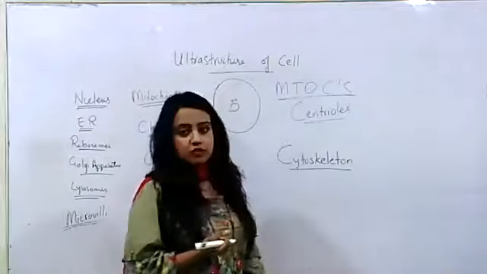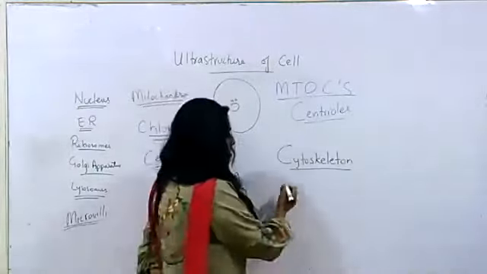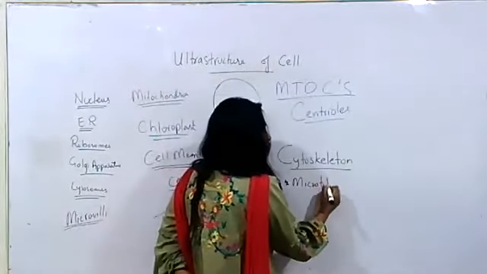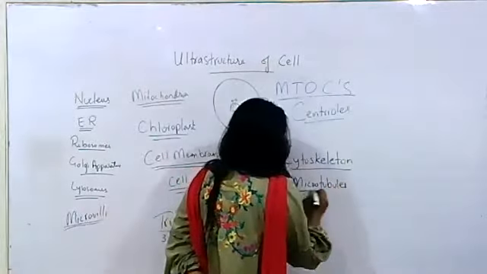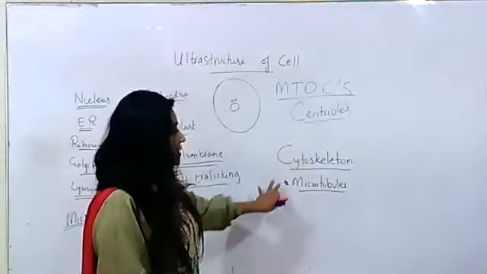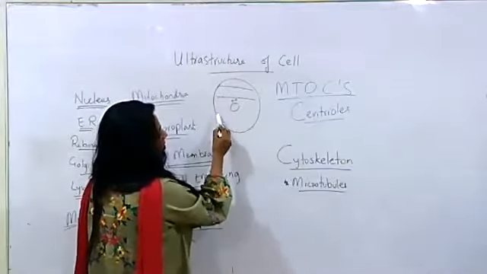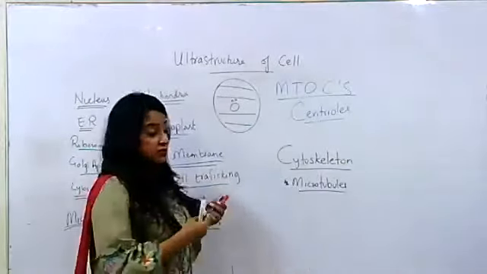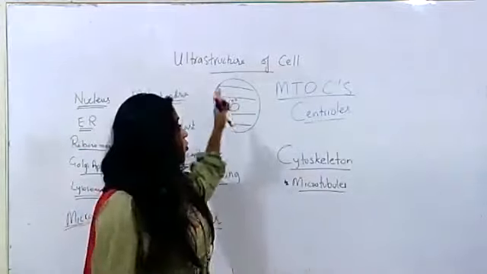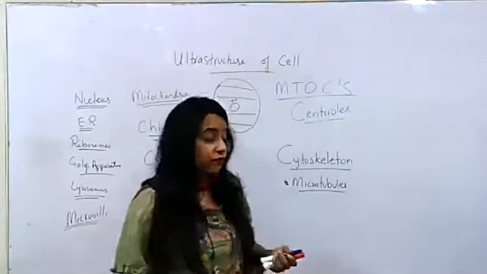Now, what is the cytoskeleton made up of? A lot of things, few of which you need to know. Number one, they are made up of microtubules. Microtubules spread across like this. They're not visible because they're very thin, but they spread across the cell, from one end of the membrane to the other, in order to keep the cell in a stretched, open form, right?